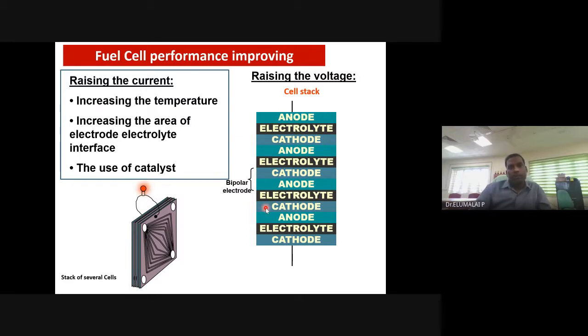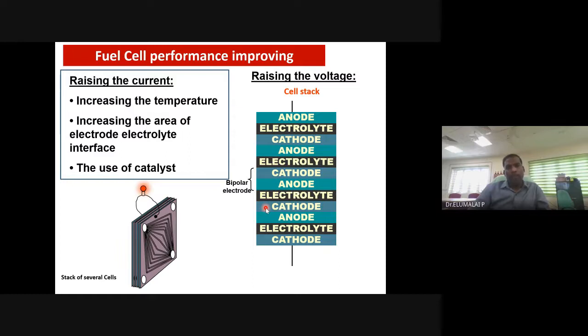Okay. So we have seen so far single fuel cells, and you require stacks to make a meaningful fuel cell device so that it can be utilized for any application. How will you increase the fuel cell performance?